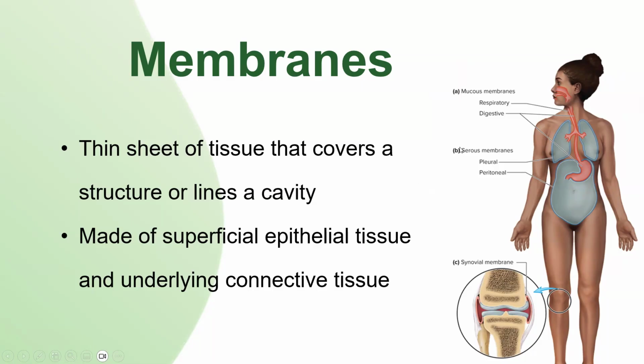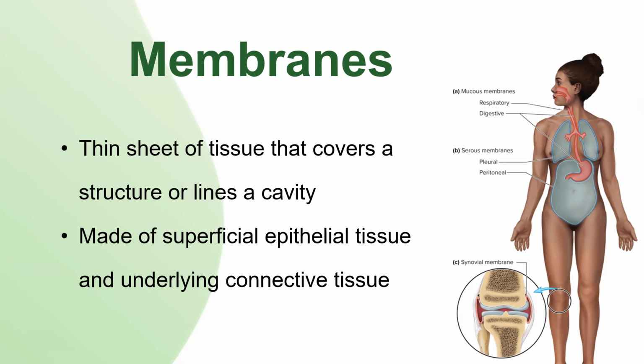And you'll see we have three different types of membranes in the body, really four if you count our cutaneous membrane, which is the skin. We have mucous membranes, and so those are located when we have openings to the body, like our respiratory and digestive systems. Serous membranes, we talked about some in Unit 1.